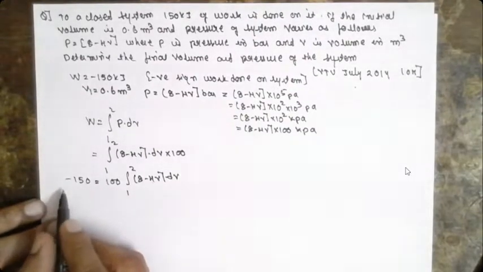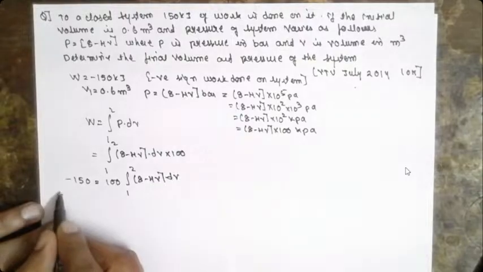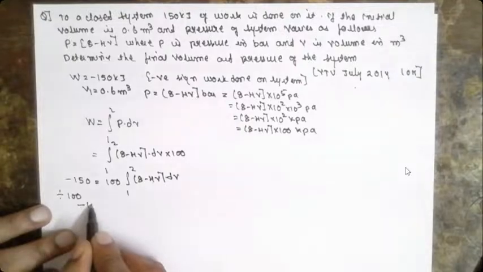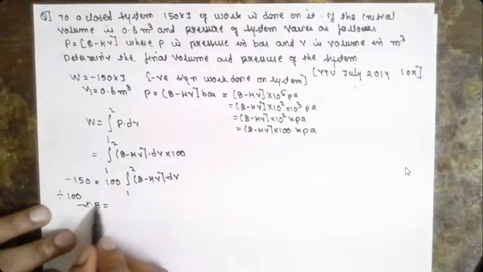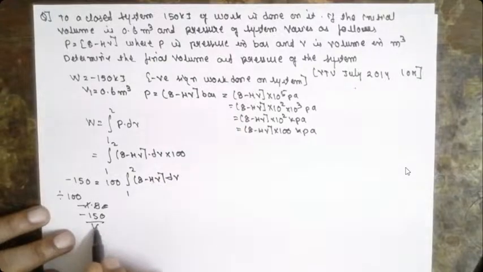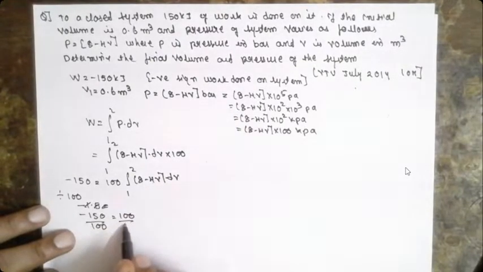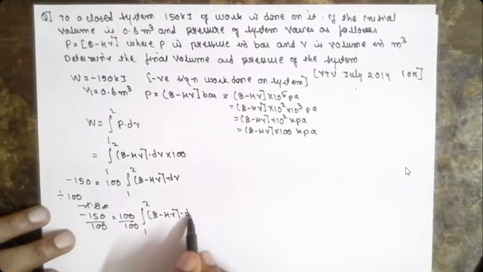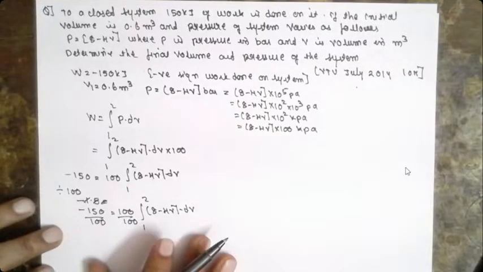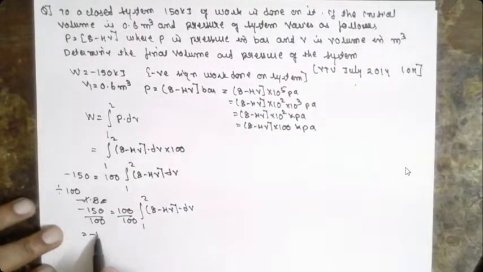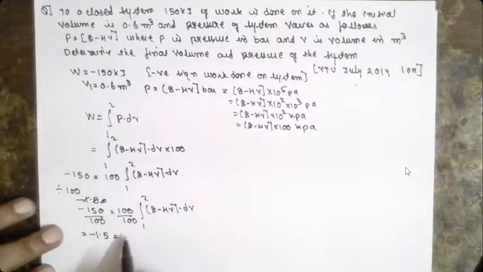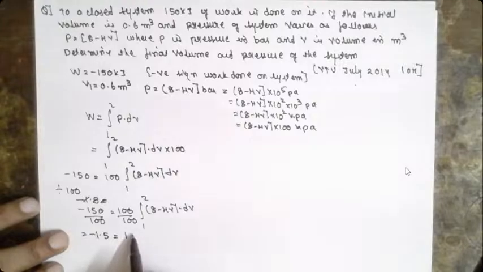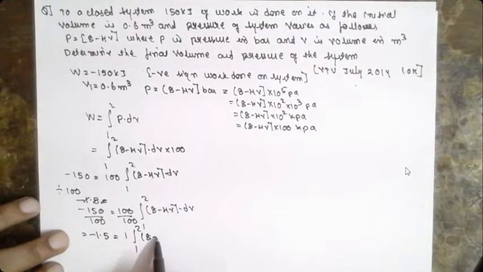Now divide by 100 for simplification, then it becomes minus 1.5 is equal to integration 1 to 2 of 8 minus 4V into dV.